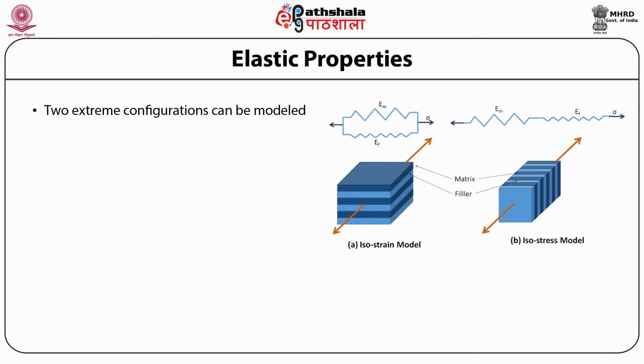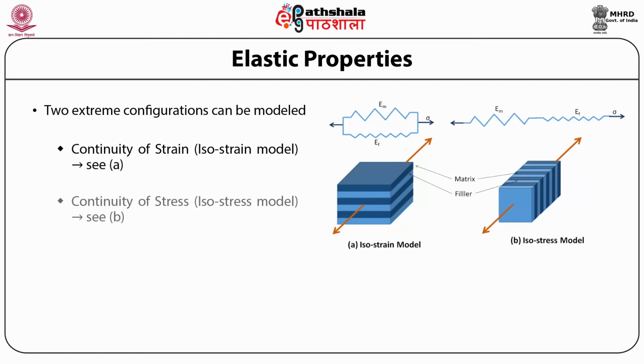These models are called continuity of strain or isostrain model, which is shown in figure A, and the second is the continuity of stress or isostress model, which is shown in figure B.